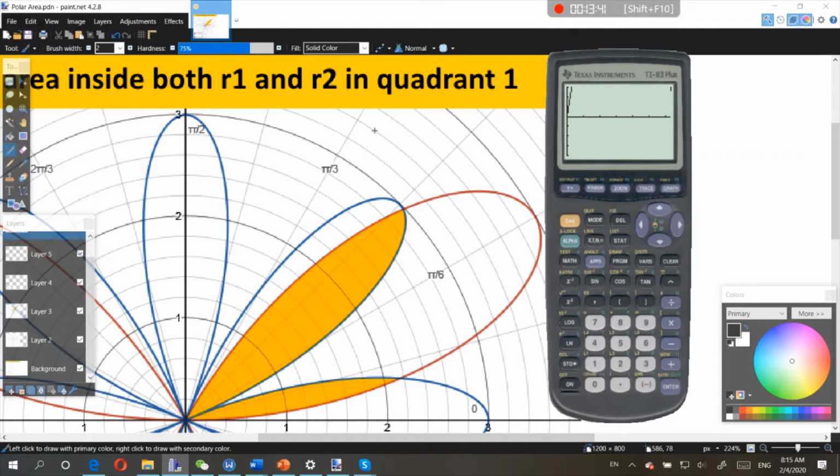Okay, if I graph, I need to go a little bit higher, I think. Okay, there we go. So here's our sine function, and then in bold is our cosine function.